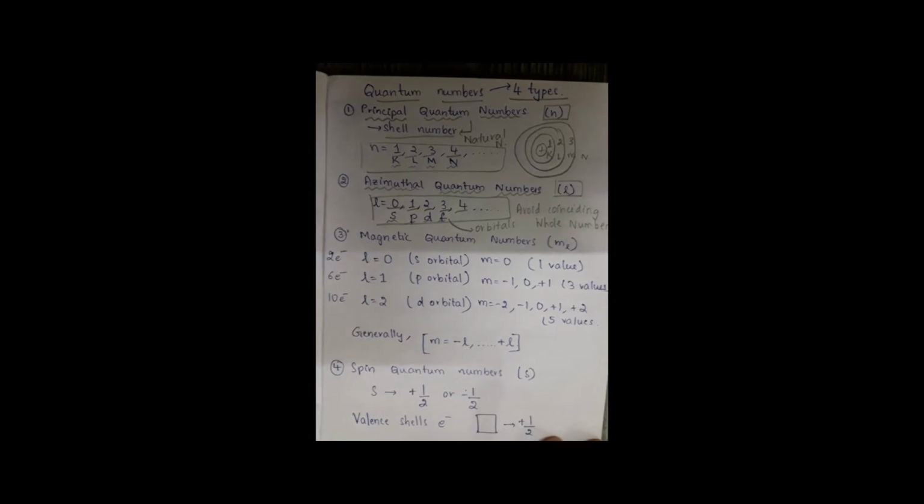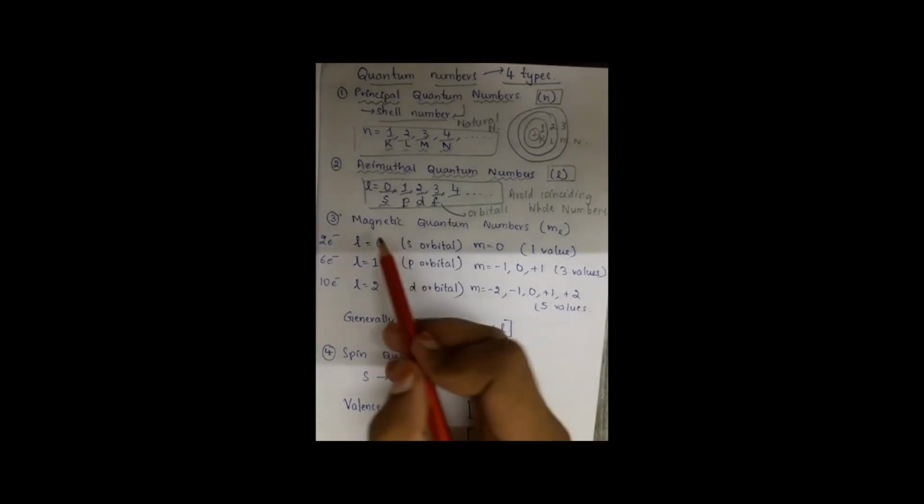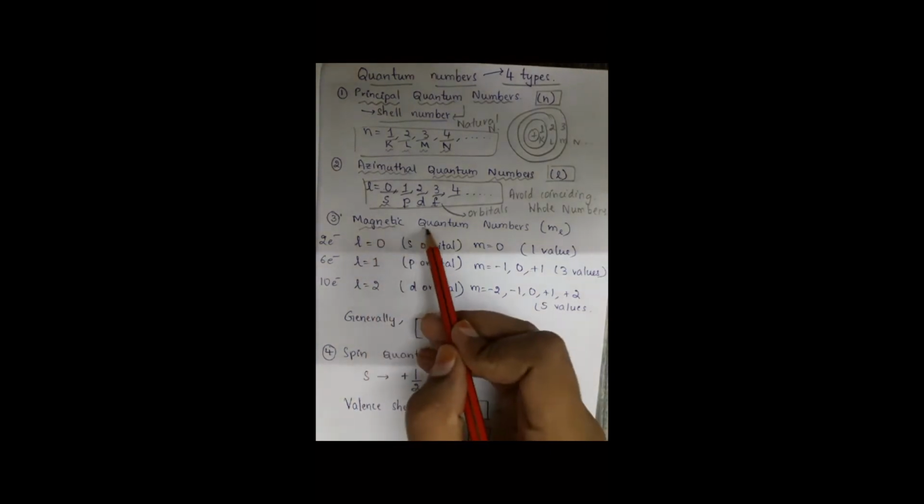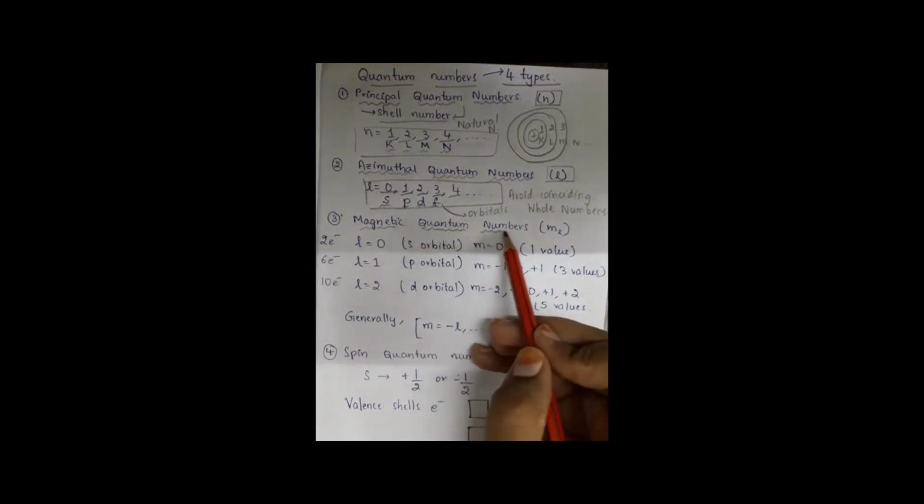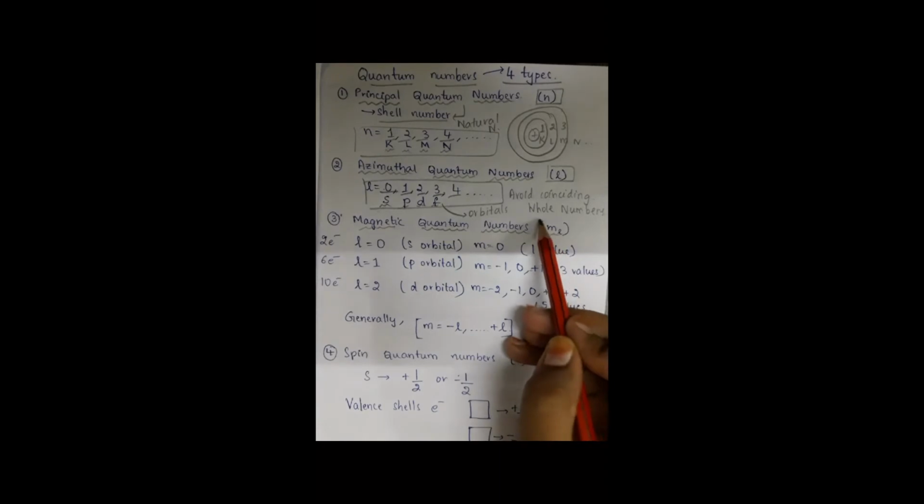Coming to the magnetic quantum numbers. Magnetic quantum numbers are represented as m with a subscript l. Let me tell you why. It is because the magnetic quantum numbers are directly dependent on the azimuthal quantum numbers.